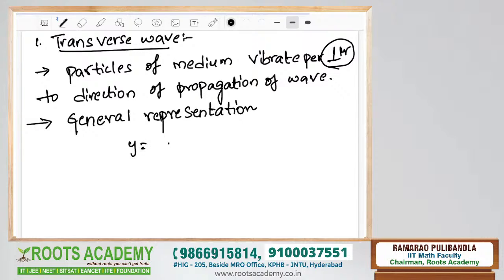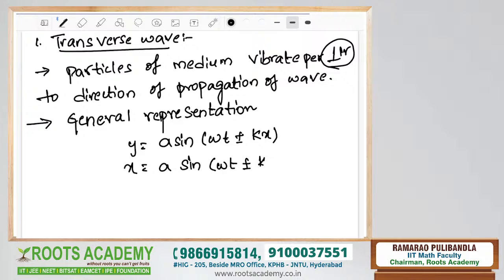y is equal to a sine omega t plus or minus kx, or x is equal to a sine omega t plus or minus ky, and z is equal to a sine omega t plus or minus ky. So this could be anything.